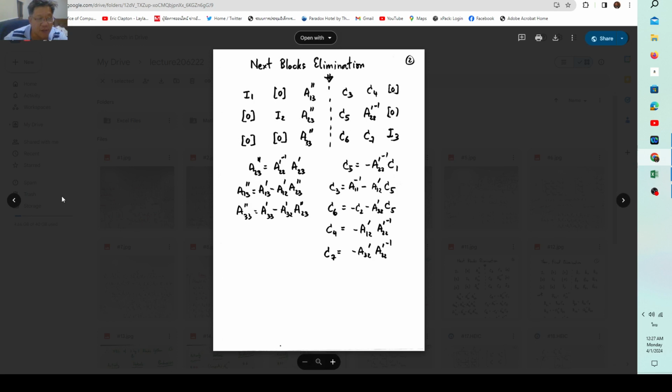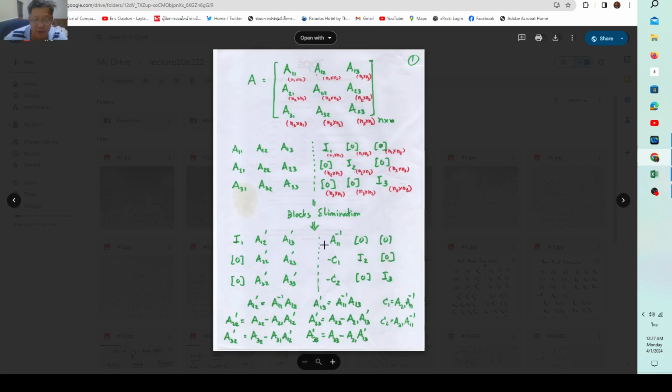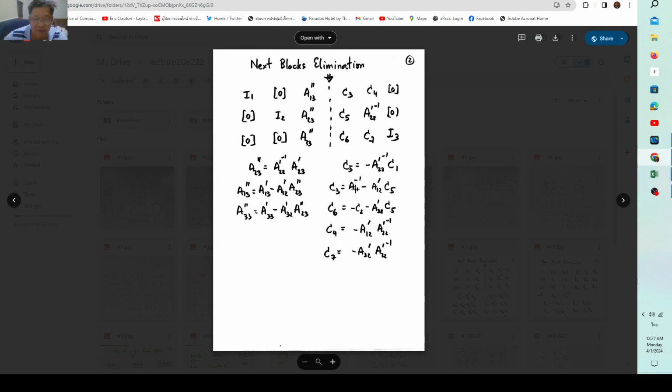C3, you can see the original value of C3 is A11 inverse over here, right? So you get A11 inverse minus A12 prime multiplied by C5, okay, and then subtract to this one.